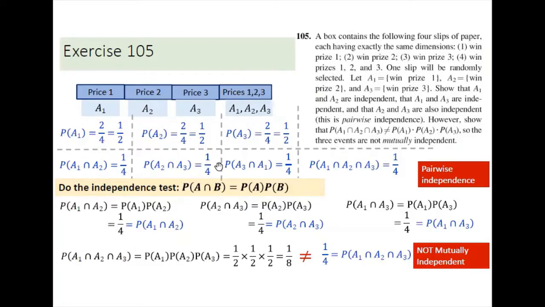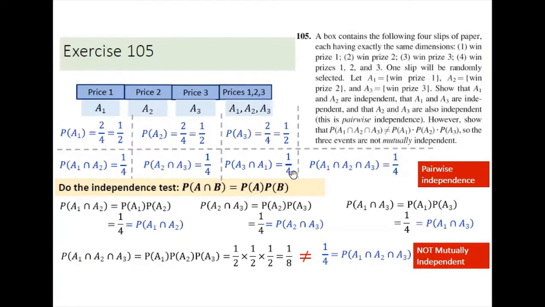So it's 1 divided by 4. And again for winning both prize 1 and prize 3, there is only one outcome, slip 4.